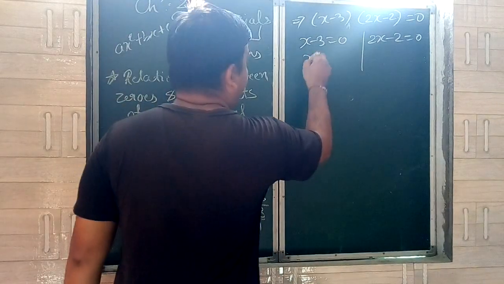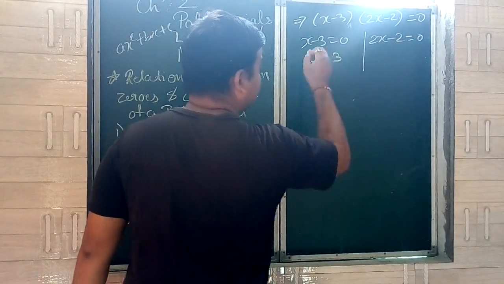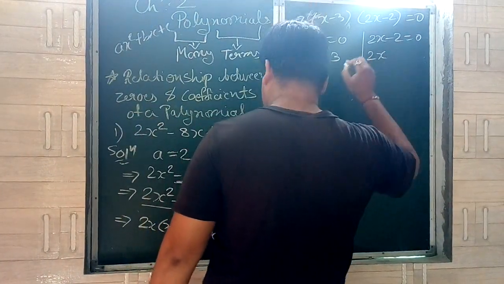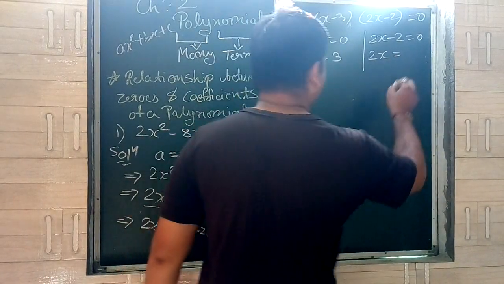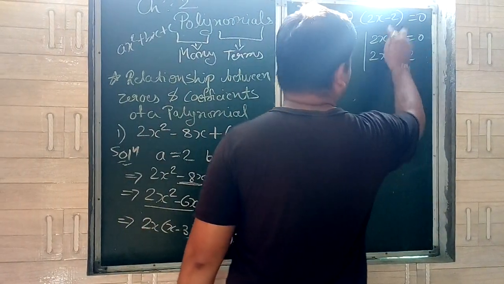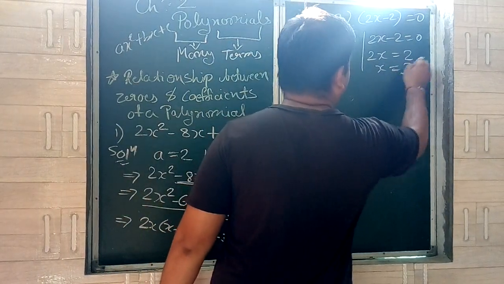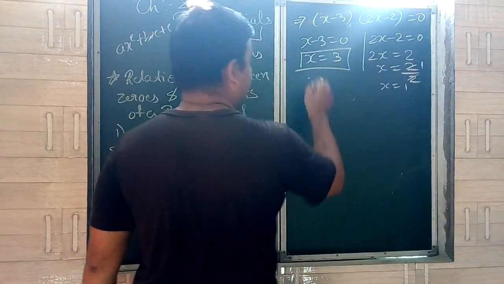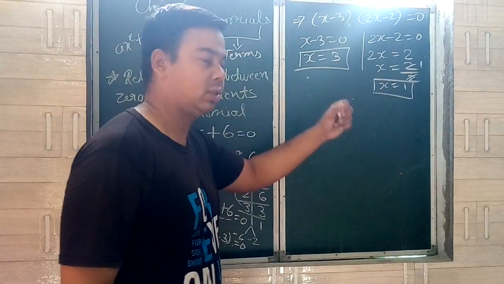Okay. So transposing minus 3 here, plus 3. And 2x is equal to 2, transposing, x equal to 2 divided by 2. Answer is 1. x equal to 1. So here you see that you got two solutions, meaning two zeros.